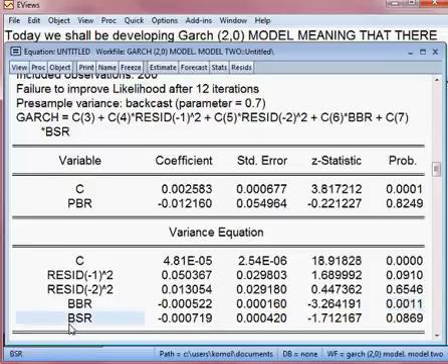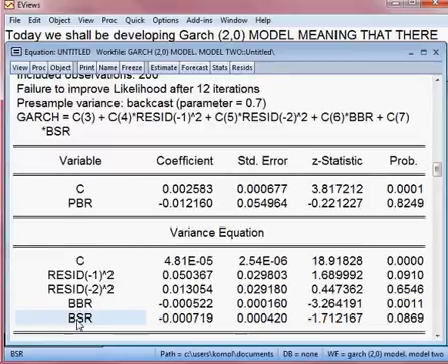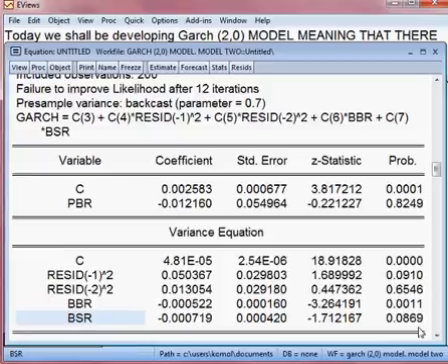Then what about another external shock, such as BSR? What is BSR? Bangladesh stock return. Does it affect the volatility of the Indian bond return? No, because the p-value is 8.69%, meaning that Bangladesh stock return cannot influence the volatility of the Indian bond return.